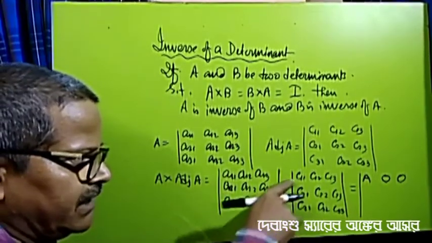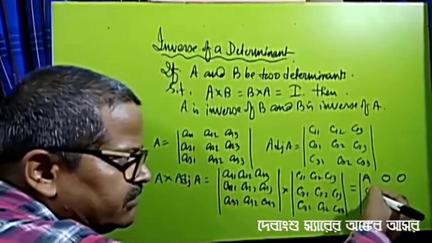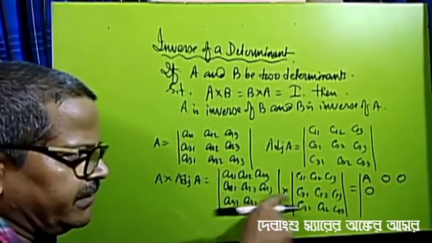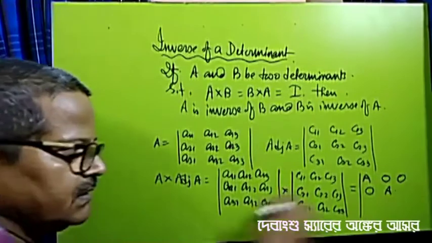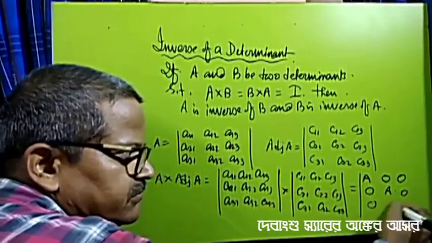Second row elements multiplied by first row cofactors, 0. Second row elements multiplied by second row cofactors, A. Then 0, 0, 0.